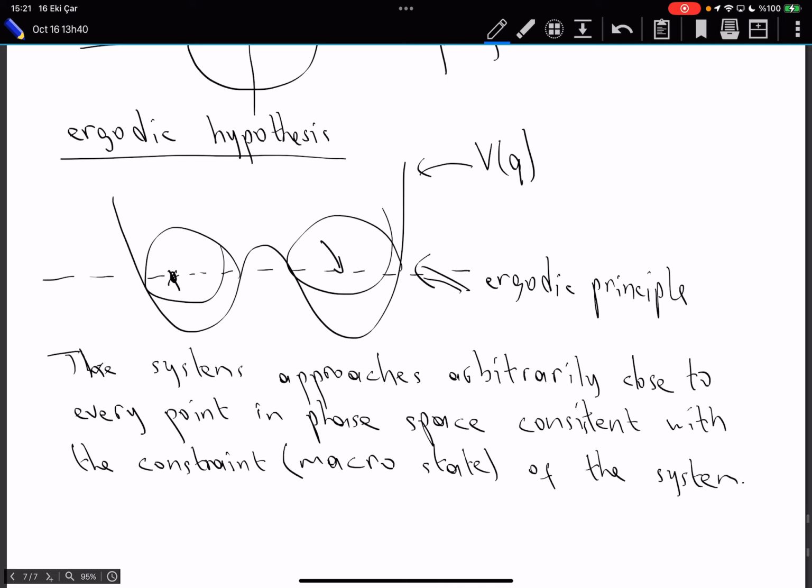Those will be the conditions we impose, and then we will assume that our ensemble contains representatives sufficiently close to every possible microstate of my system, consistent with these constraints. In this double well potential, if you want, you can impose whether your system is on the left or on the right as a condition, but that's not our macro state.